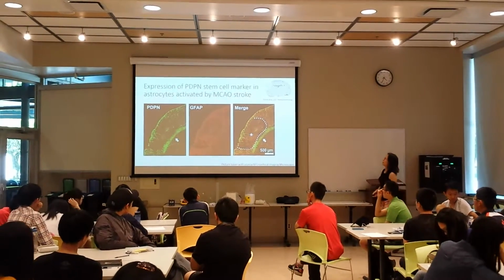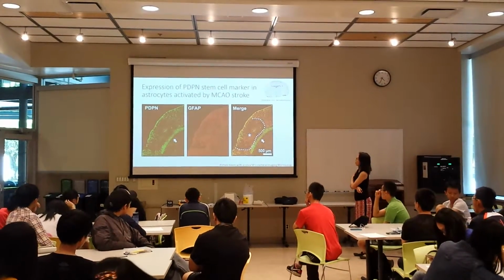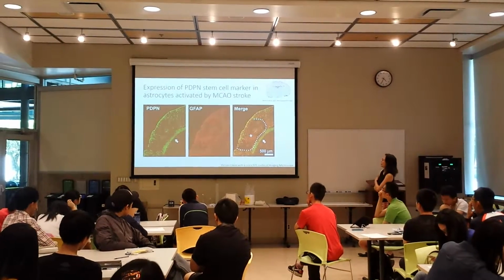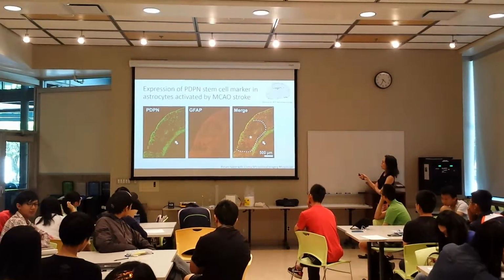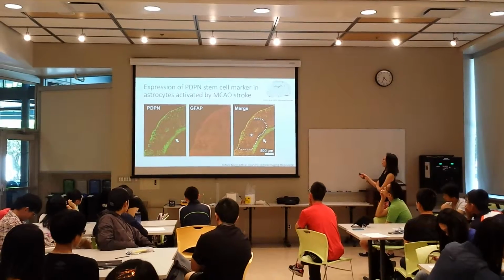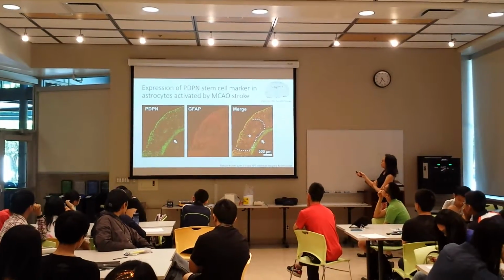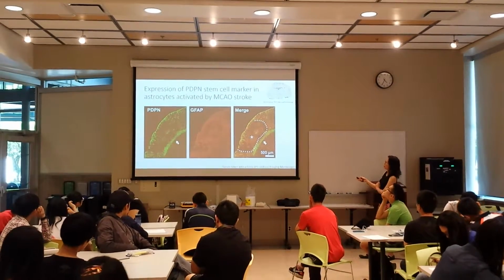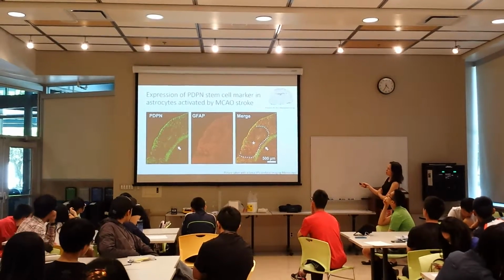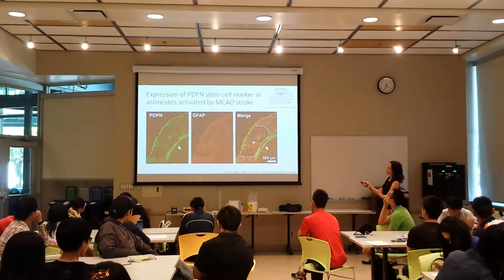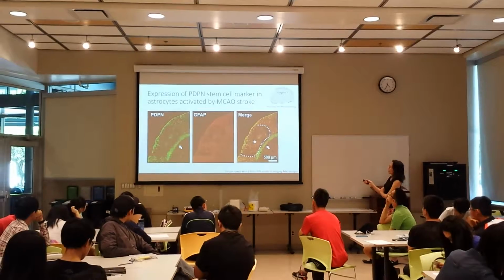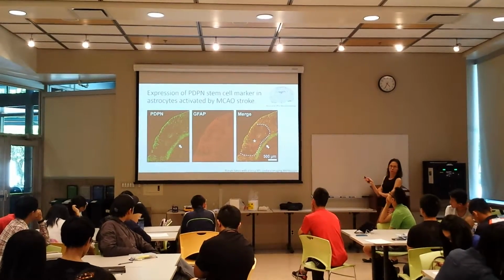So another thing that we also notice, so this is another injury, which is a stroke, and you can see, again, PDBA is just one of the stem cell markers that we're interested in, and you can see it just very close to the border.